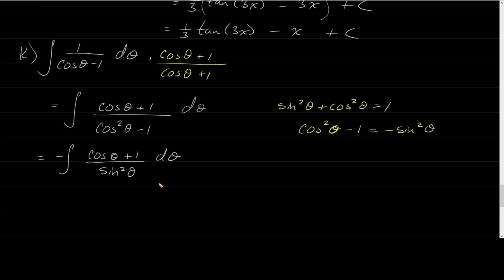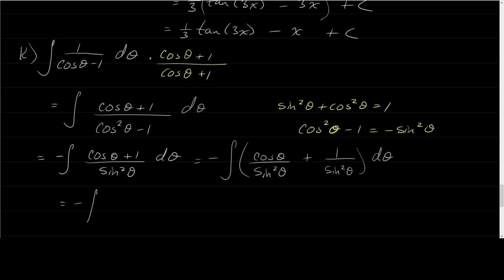Now in here, now that I've got this cosine theta plus 1, all right? You know what? Let's split this up. So we have the negative integral of cosine theta over sine squared theta plus 1 over sine squared theta d theta. When we do that, what do we get?